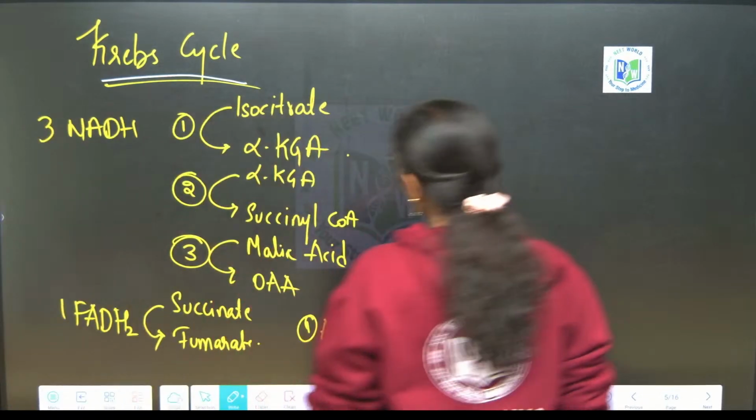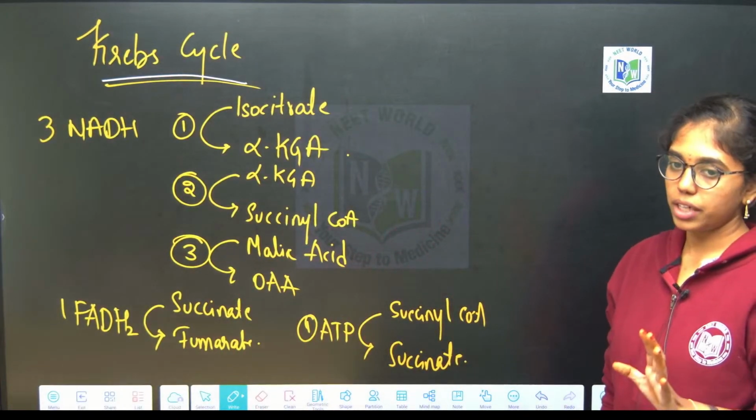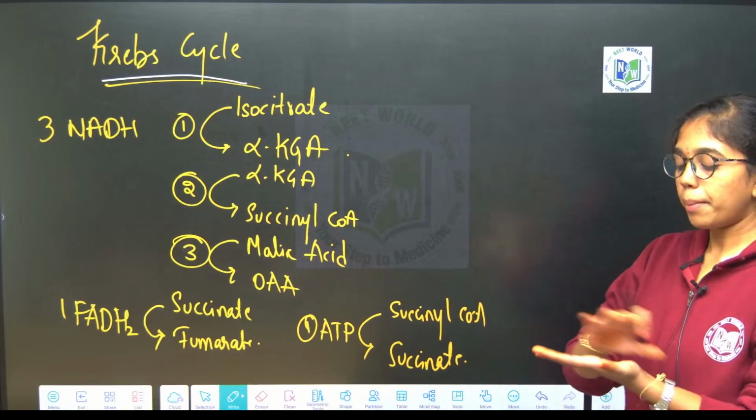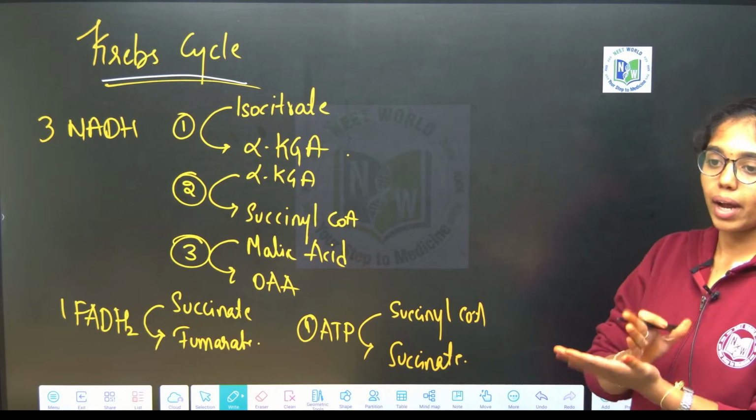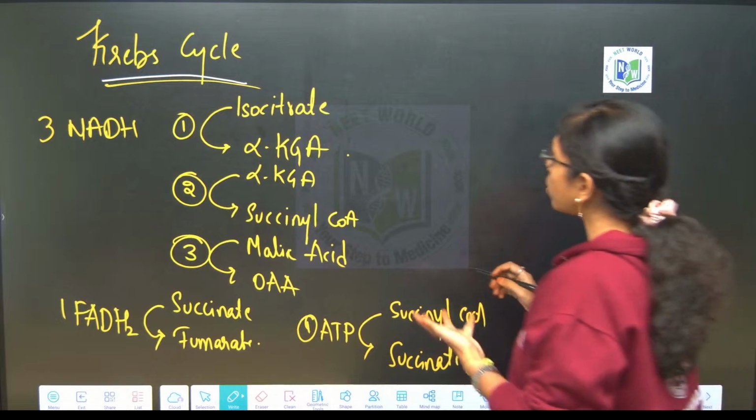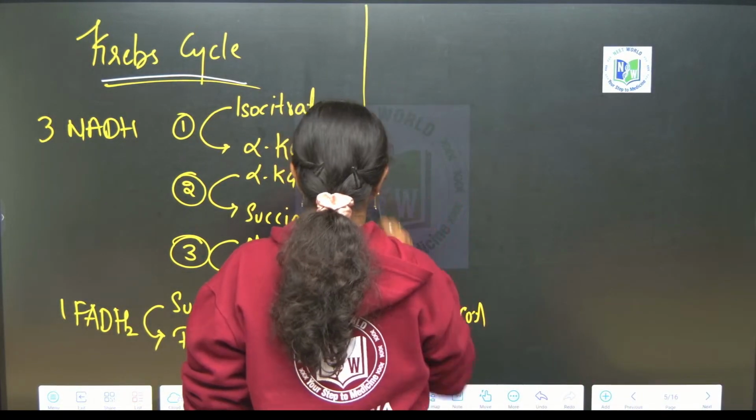Now, the mitochondrial matrix is rich with energy, right? Combining one oxidative decarboxylation and one Krebs cycle, how much energy is being released in the mitochondrial matrix? That is the question.